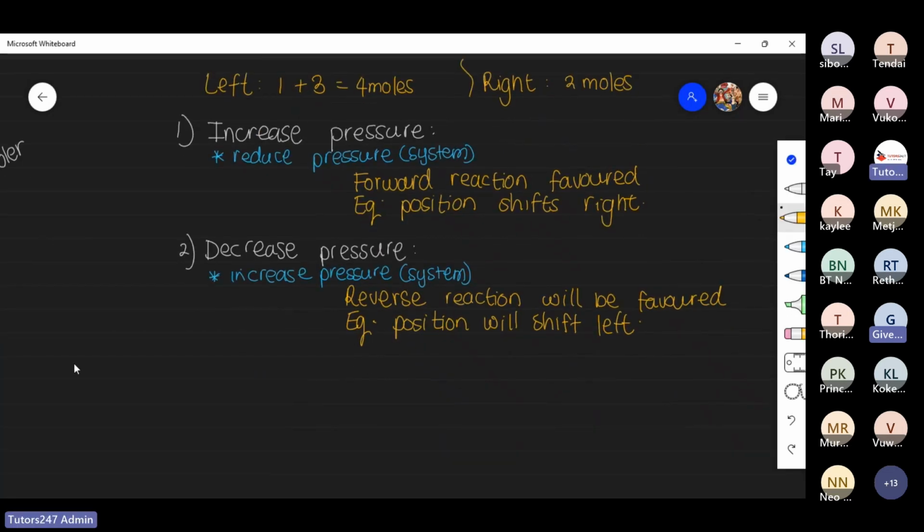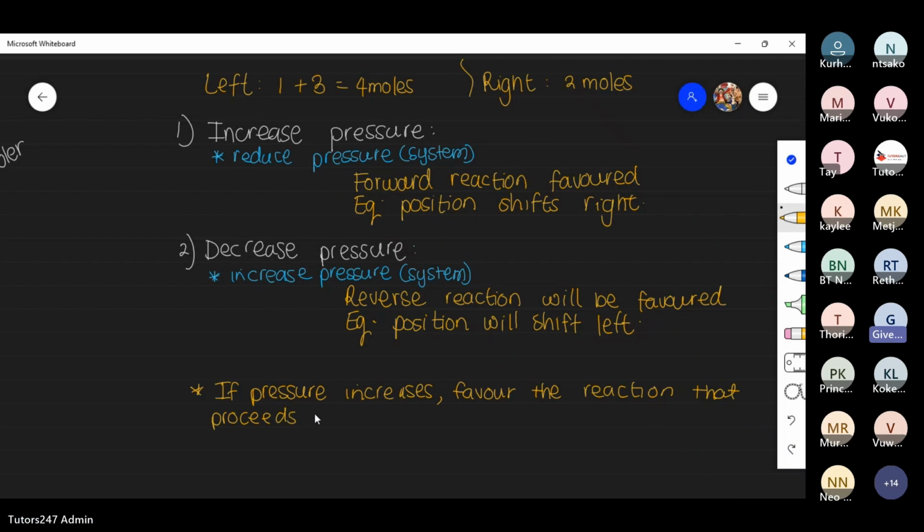Two things that you need to remember. Rule number one, if pressure increases, the system is going to favor the reaction that proceeds towards the fewer number of moles.